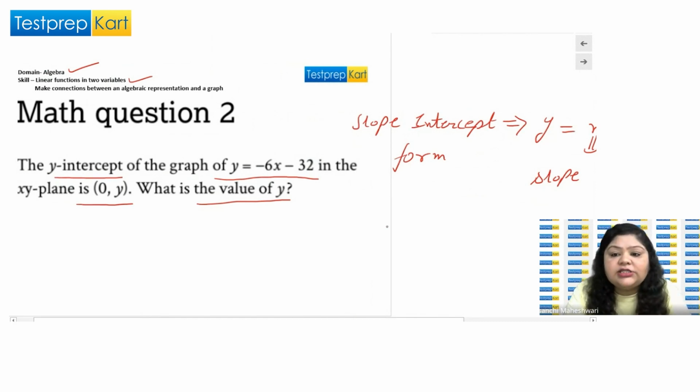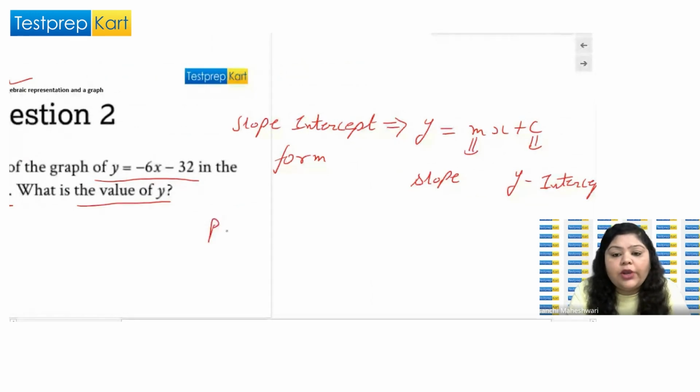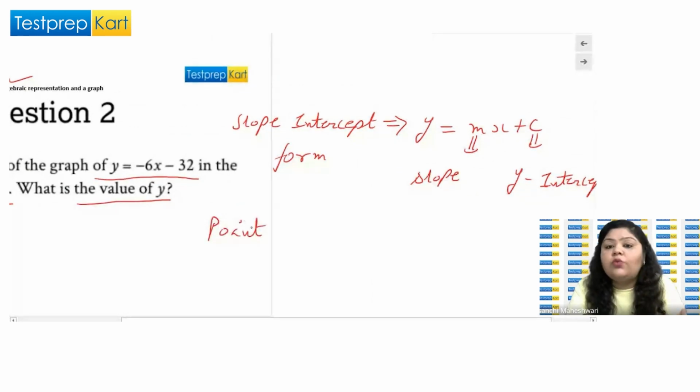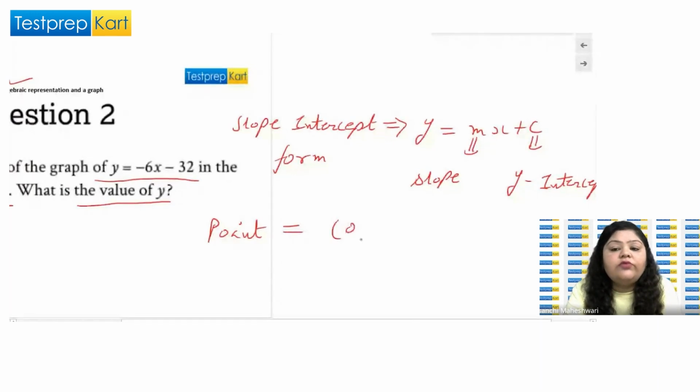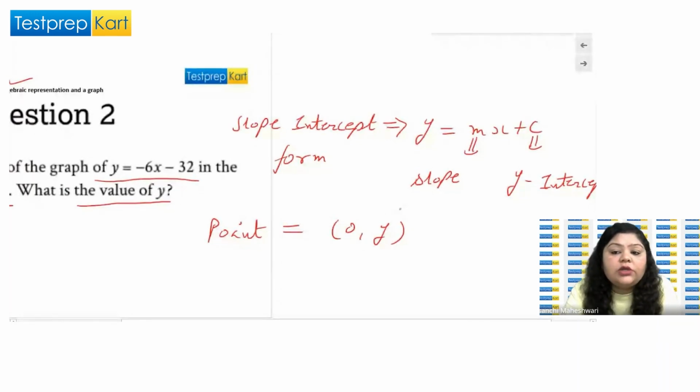If this is my slope intercept form, and I want to write down the coordinates of the point where this c lies, the point at which it intersects the y-axis, its coordinate will obviously be 0 comma y. That's what the question is asking.